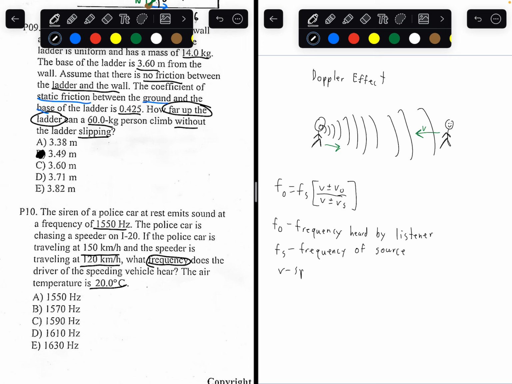V is the speed of sound, which we can calculate as V equals 0.6 times the temperature plus 331. VO is the velocity of the object, or velocity of the listener. Vs is the velocity of the source, the sound source.